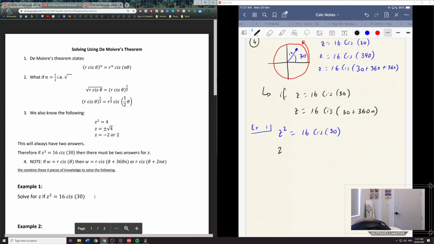So let's say, I could also just say Z squared equals, if this is some complex number, then using our knowledge that we've just explored, I could say this, where n represents how many loops I'm going to make. This is my first step. I say, well, if 16 cis 30 is true, then so is 16 cis 30 plus an infinite number of 360 degree rotations. Theta mode's great. Highly recommend theta mode.